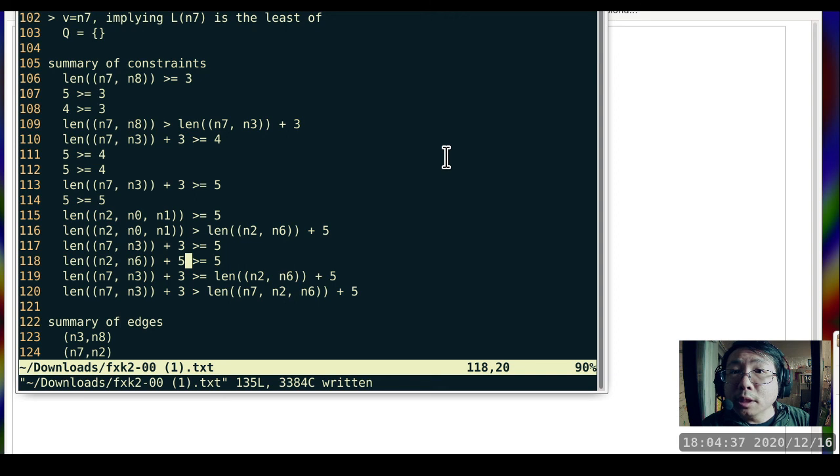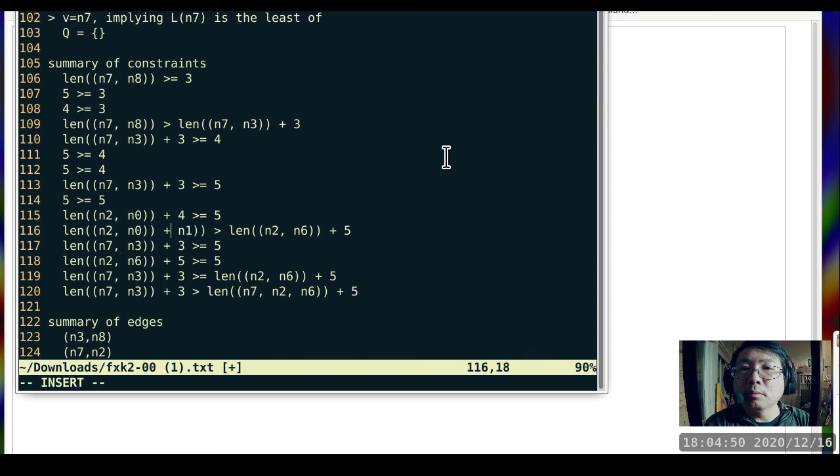All right. And then N0 to N1 is a 4. So we can replace this one. And this one. All right. 2, 6 is not determined, right? 2, 6 is not determined. And then N7 to N2 is also not determined. Okay. All right. So now we have some more constraints to work out.